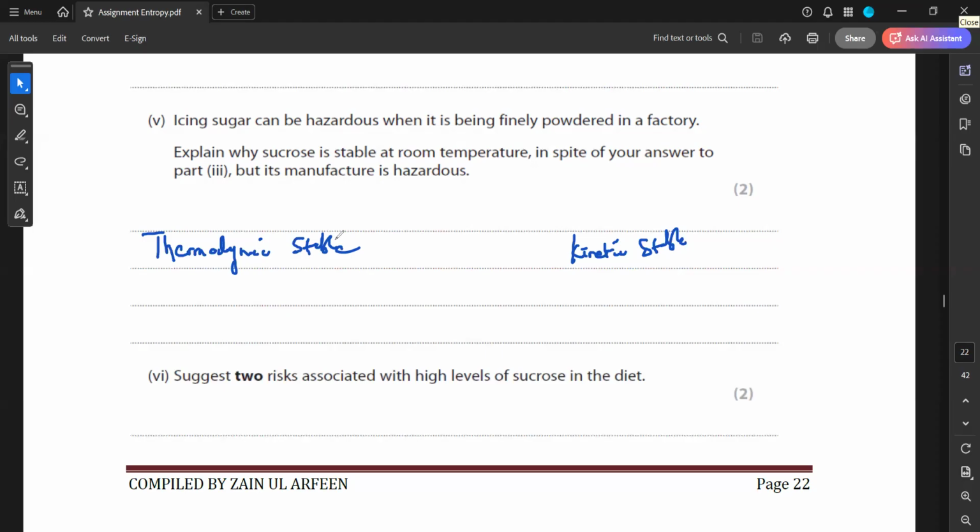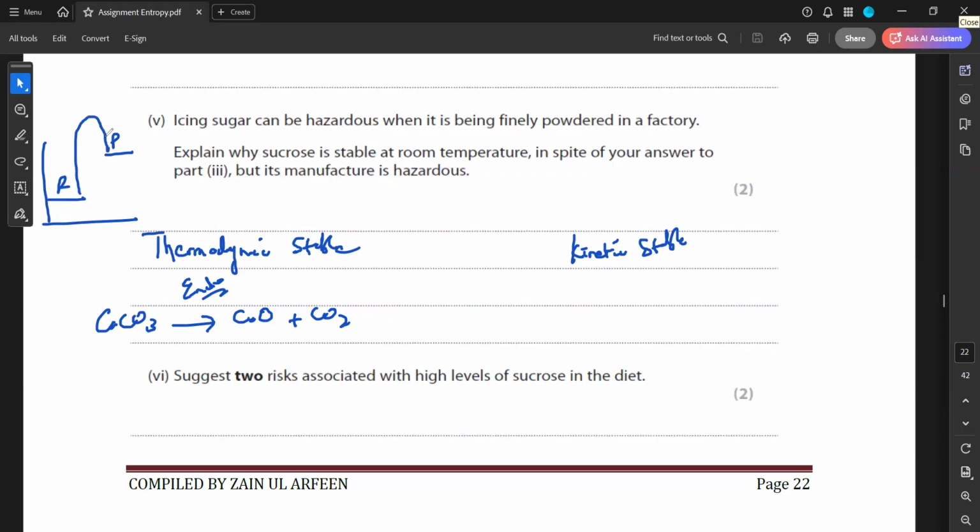For example, if we have calcium carbonate, CaCO3, it can decompose into calcium oxide and carbon dioxide. This reaction is endothermic. In an endothermic reaction, the reactant has less energy and the product has high energy.